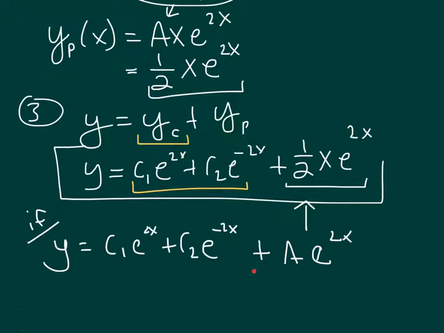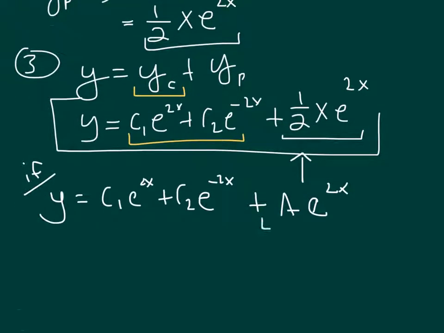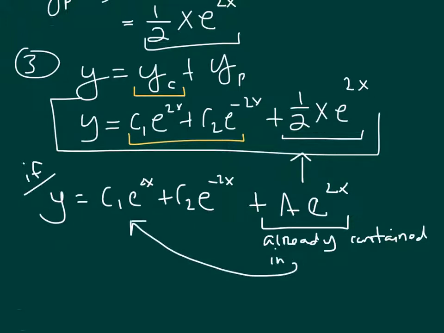And then we're adding this, usually we're adding something new here, but this is not new, right? This is already contained in this, I mean, that's just a constant. That's just a constant.